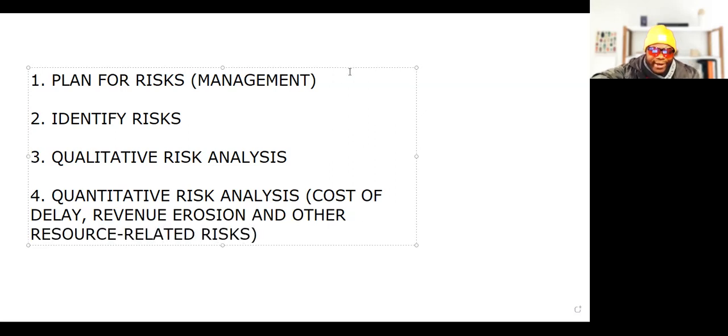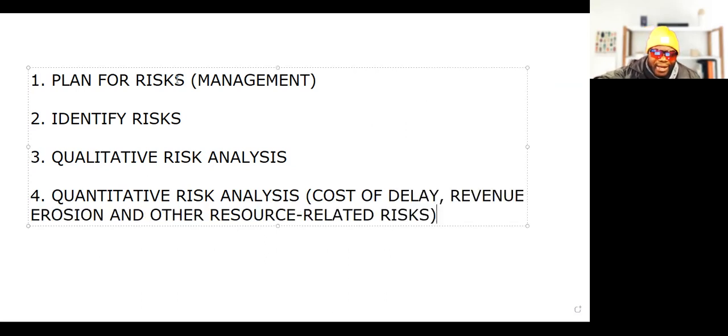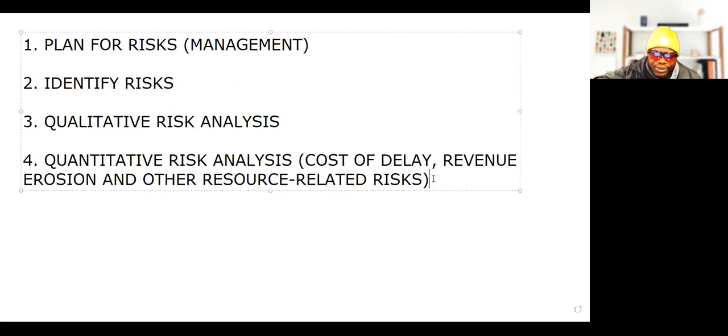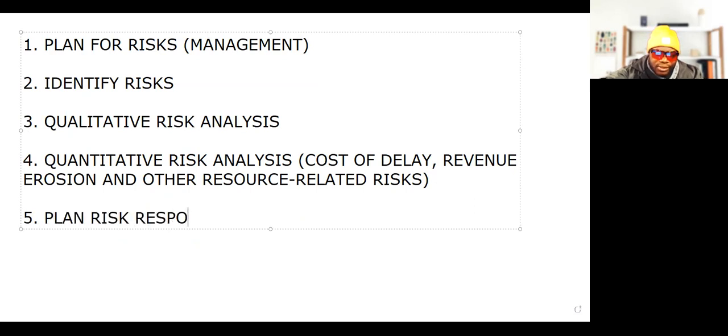You got to quantify what the impact could be in an analogous fashion. It doesn't have to be so detailed, but just do some quantitative risk analysis to understand what you're up against from a quantitative standpoint. Next, plan the risk responses with a team.